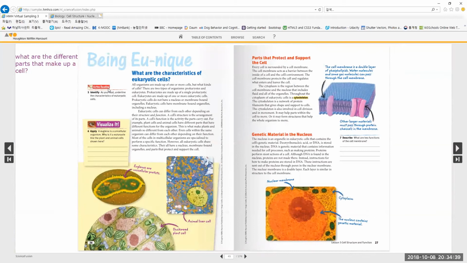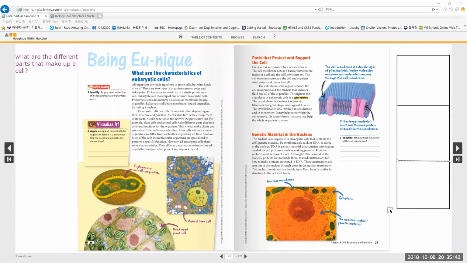And the eukaryotic cell is divided into plant and animal cells. We'd better do that in a graph. So that will do it.